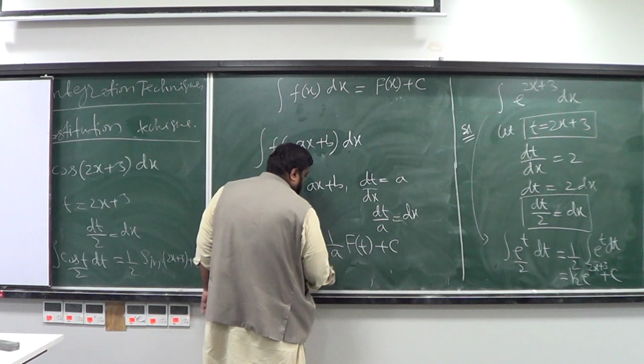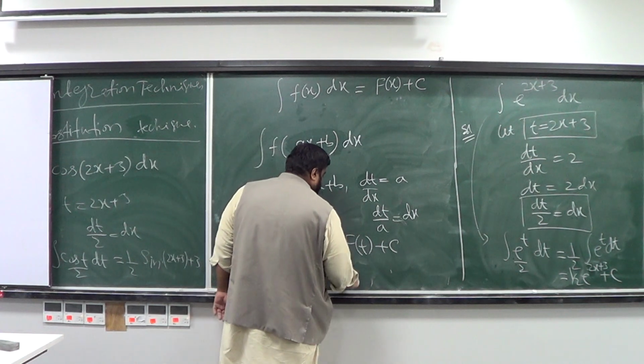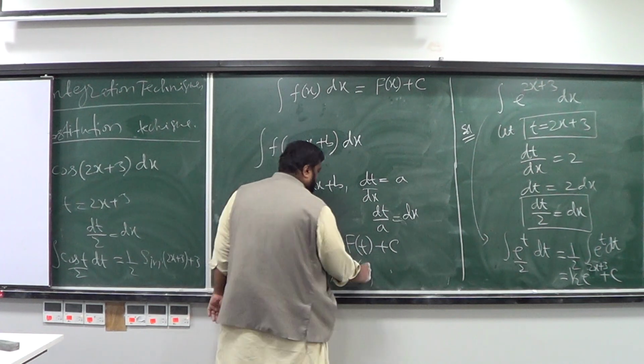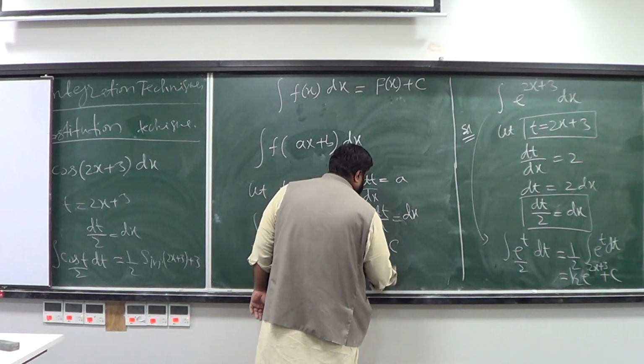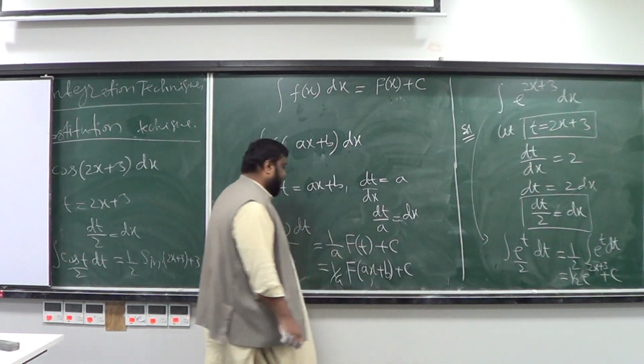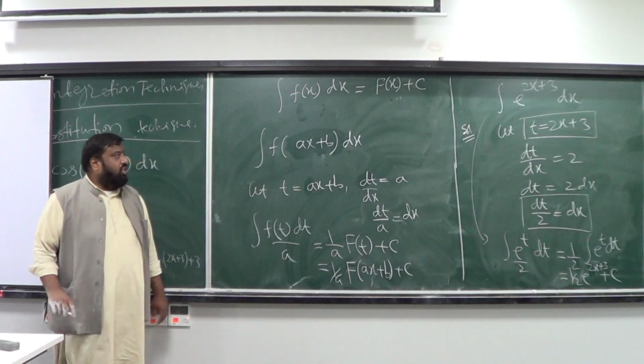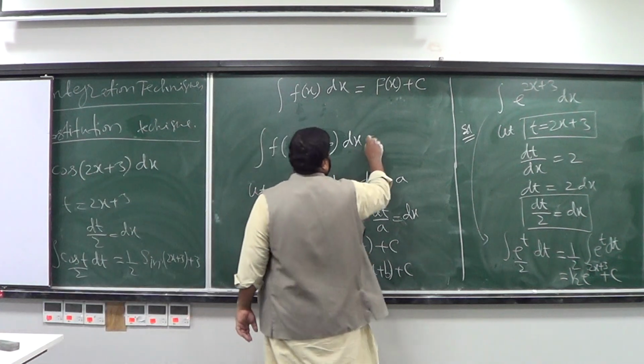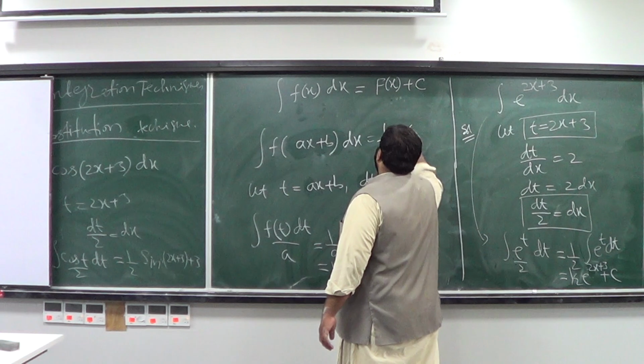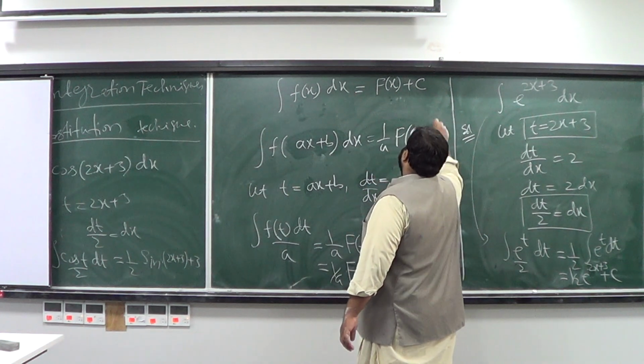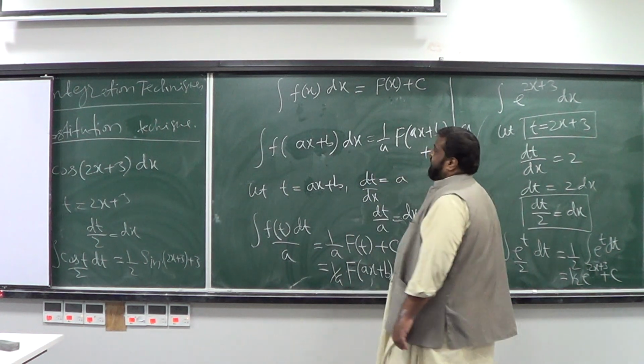And now in the place of t you can replace ax plus b. So this will become 1 over a F of ax plus b plus c.